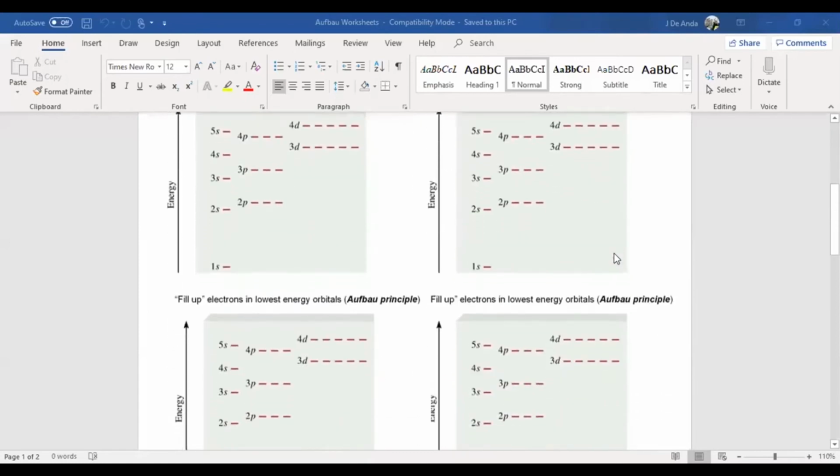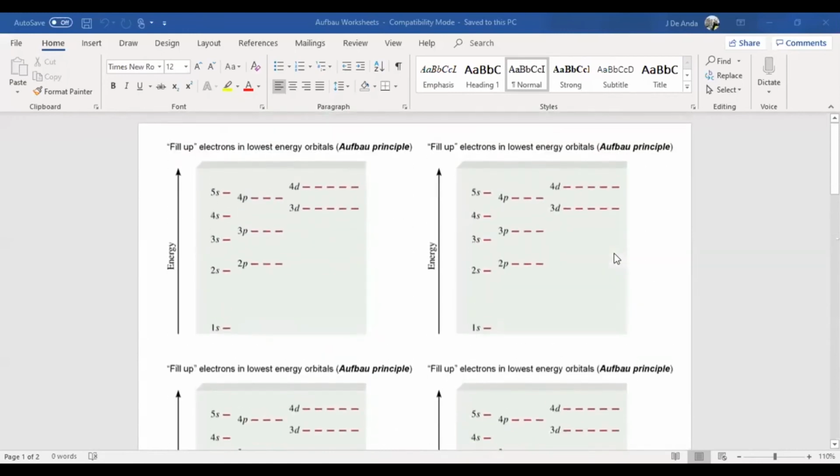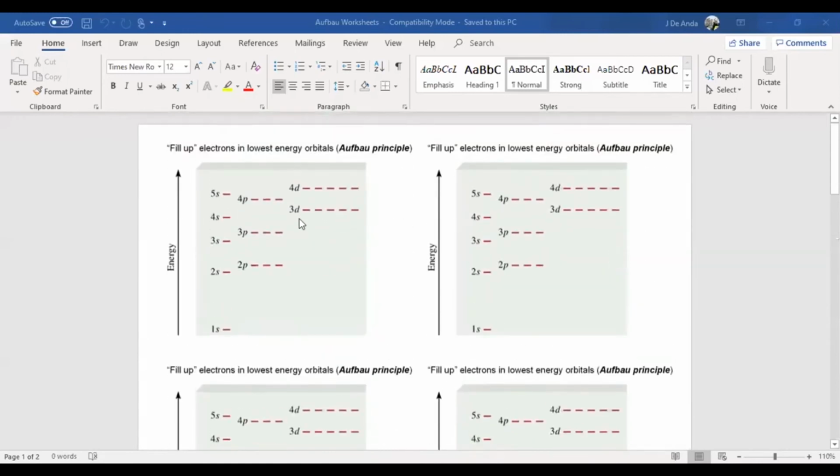So you can print this out and fill them in one by one as we go. Unfortunately, these are just images, just pictures. Unless you have the software, you can't draw or write in there, so you'd have to do it by hand. But if you have the software, knock yourself out. You can do it, all right?